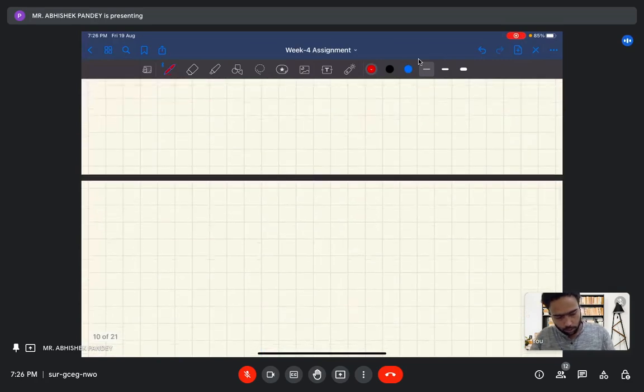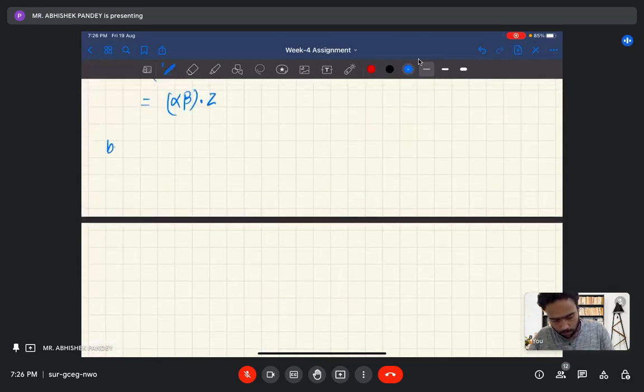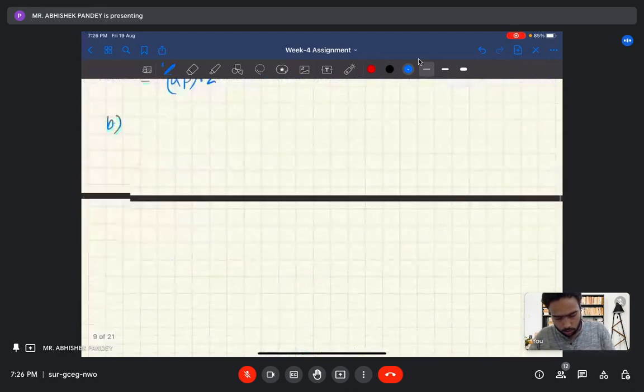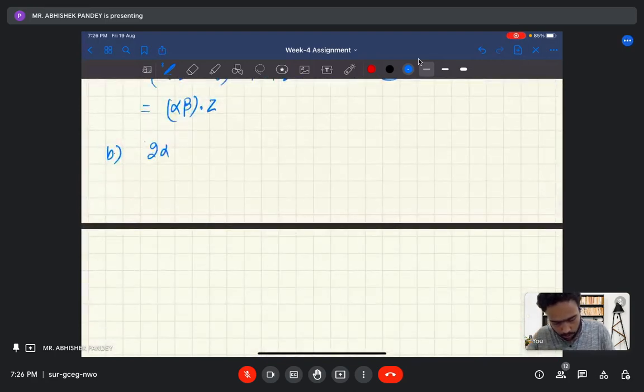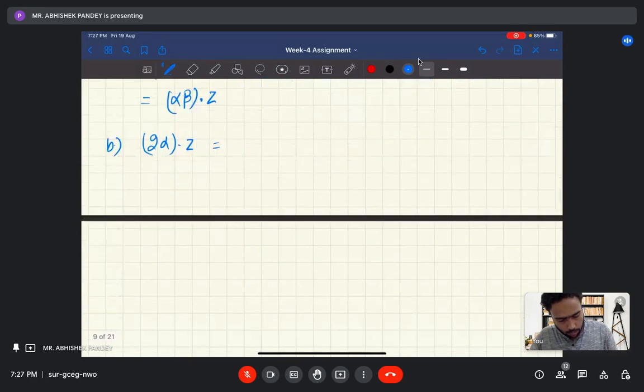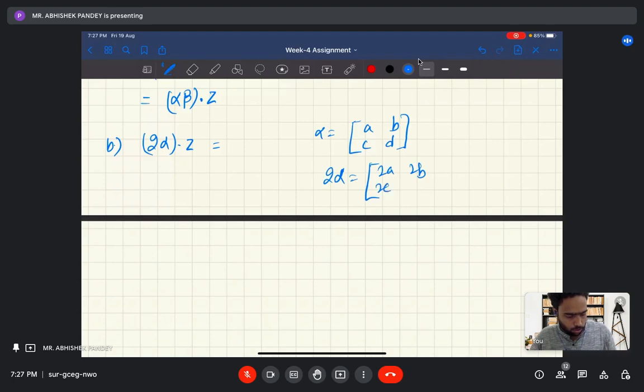Now let us look at option B. It is regarding 2 alpha dot z. Let alpha equal a b c d, so 2 alpha is 2a 2b 2c 2d.